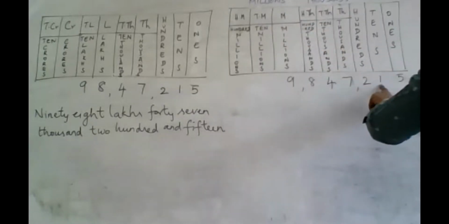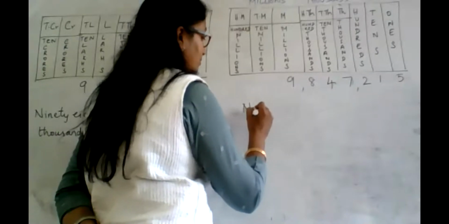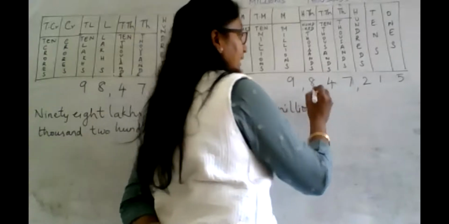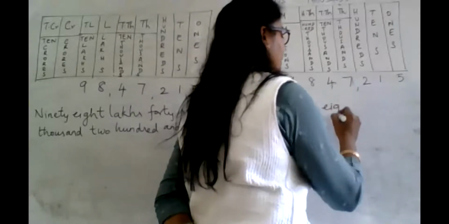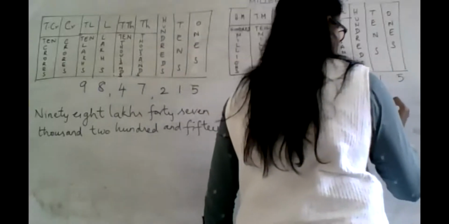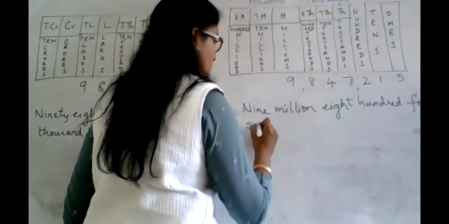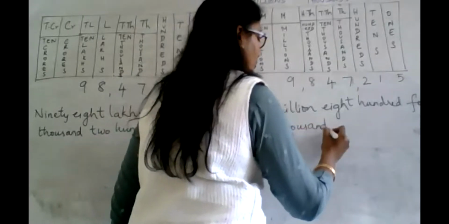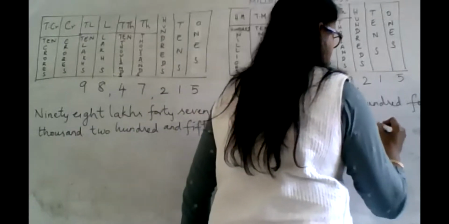Then you have 215. So in the international system, this will be written as 9 millions, 847,000, because those 3 digits belong to the thousands period, 215.